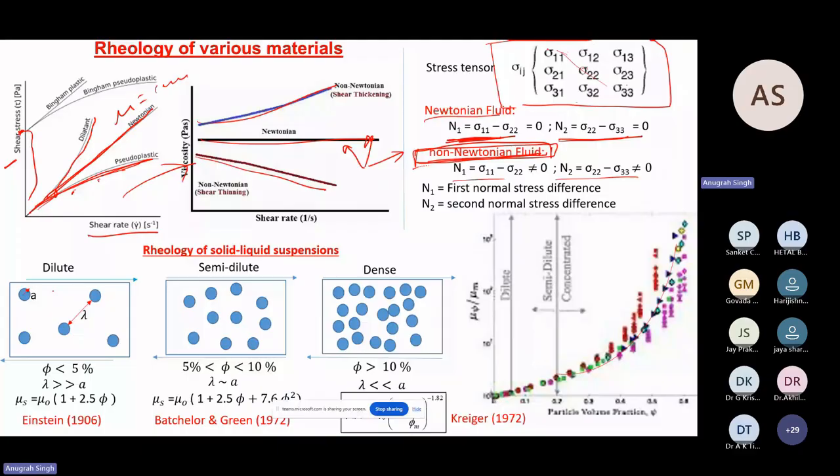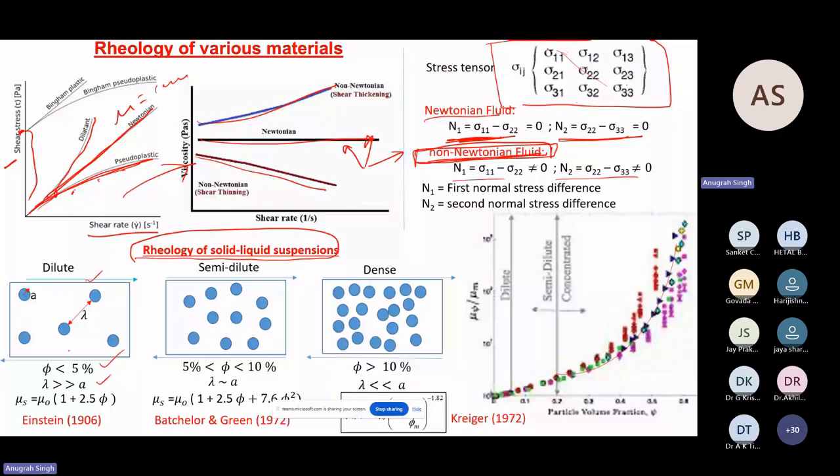Now coming to the classification of suspensions, solid and liquid. You can have dilute, meaning the volume fraction of the particle is so low that the interparticle distance lambda is much larger than your particle radius a. That's one measure. Another classification is that the percentage volume of particle to the whole suspension is less than 5%. These are dilute.